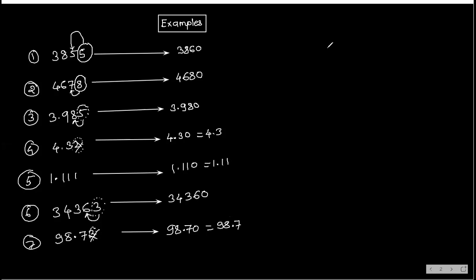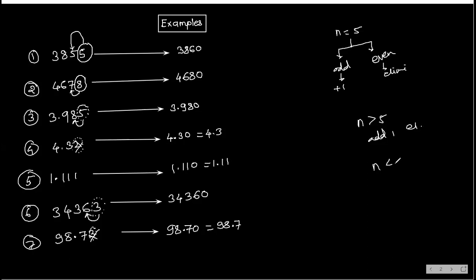So always keep it in mind. See, a brief view. If n is equal to 5, there are two cases: the before digit is odd or even. If even, just eliminate. If odd, add 1. And if n is greater than 5, definitely add 1 to the previous digit and eliminate the last one.